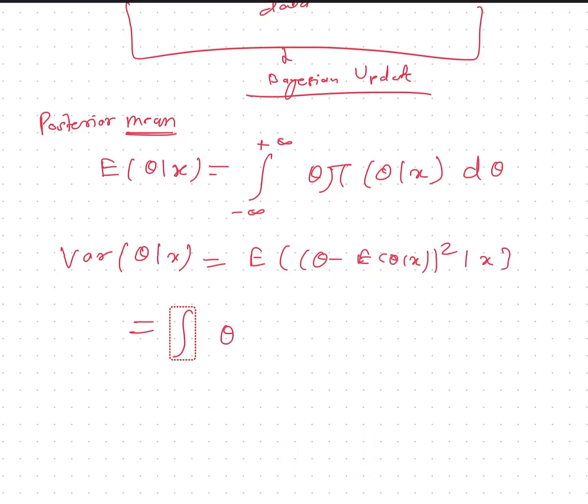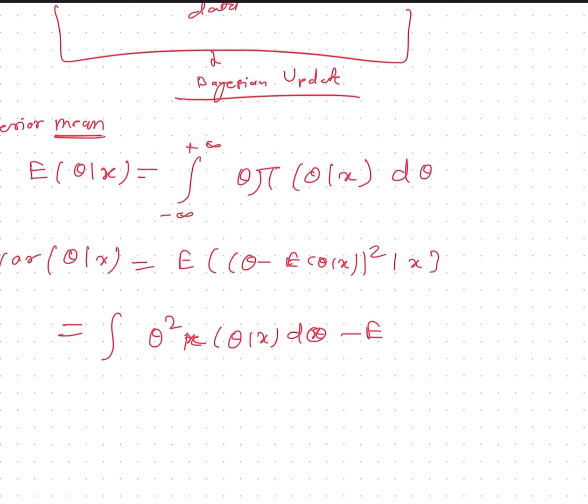You can also write it in integral form: the integral of theta squared times the posterior density of theta given x, d theta, minus the square of the expectation of theta given x, that is our mean squared.